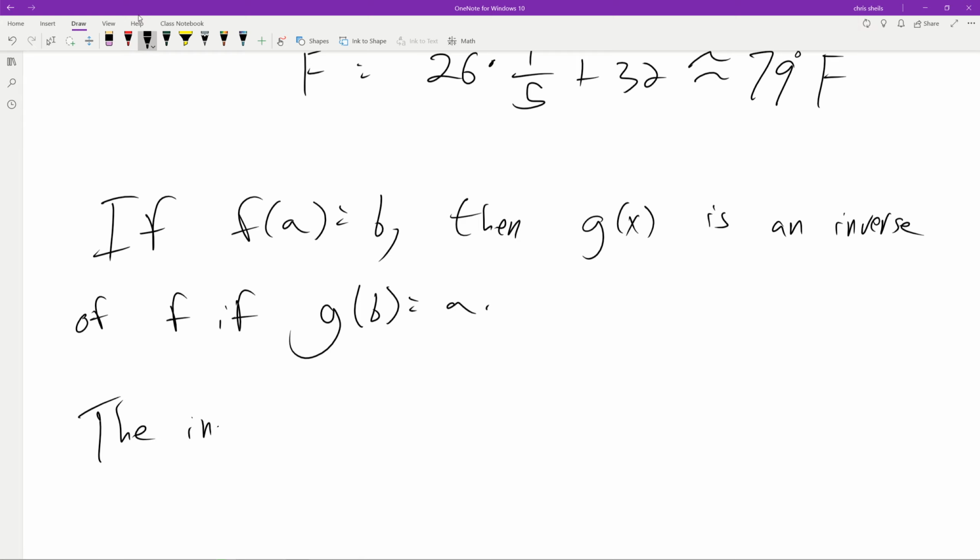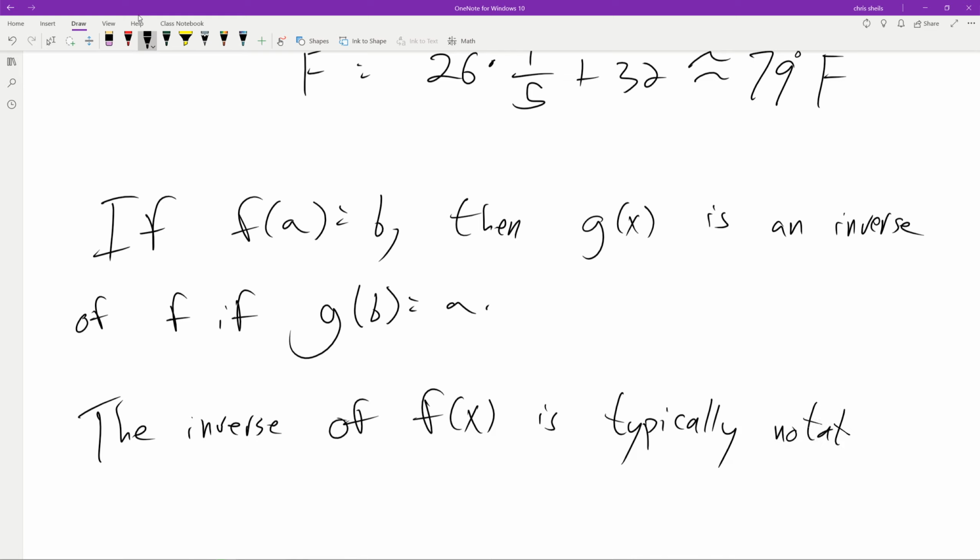The inverse of f of x is typically notated with this f inverse of x.